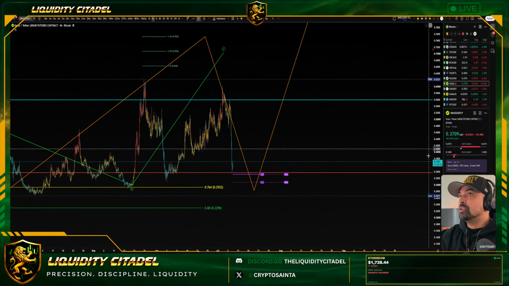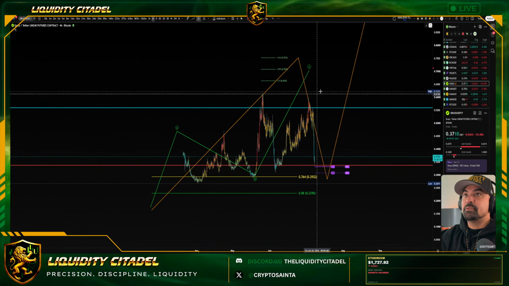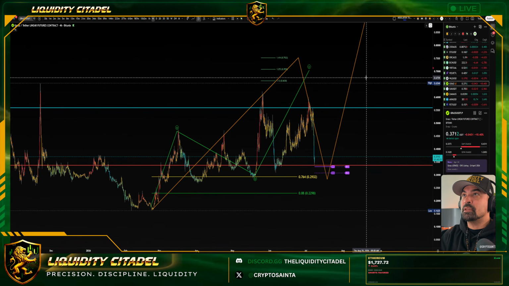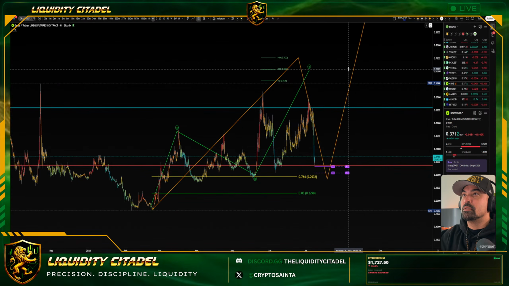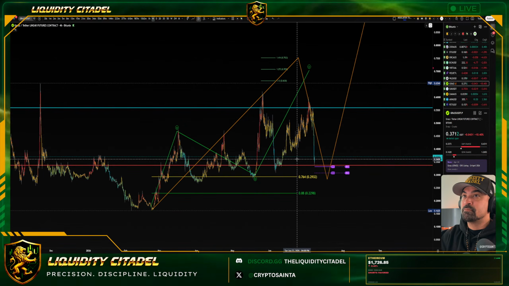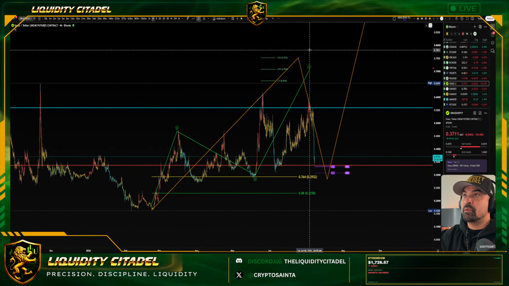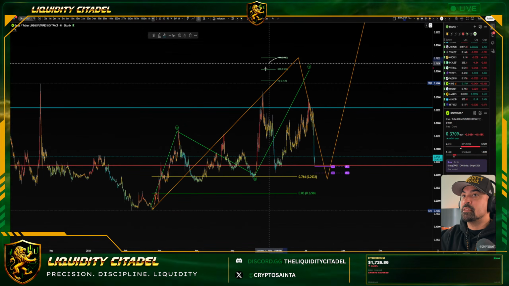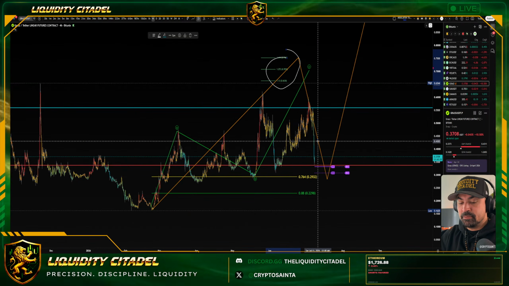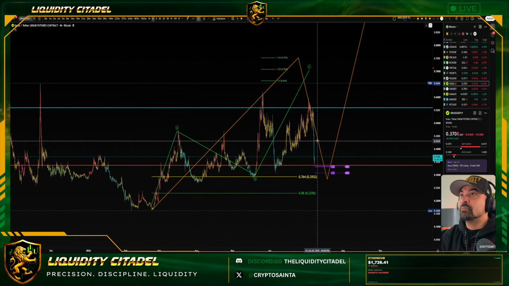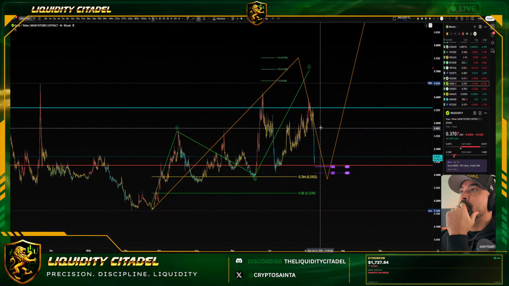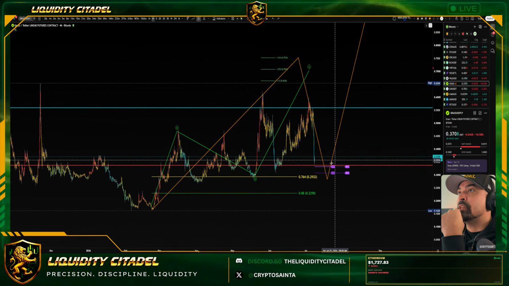I should have shorted grass and I didn't. And that's tricky. I'm not getting a real good clean count. I wanted to get to this zone right over here, 66.30 up to like 70 maybe, and then get my retracement down to here.